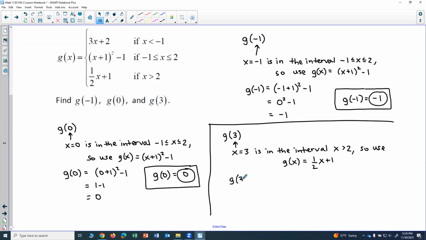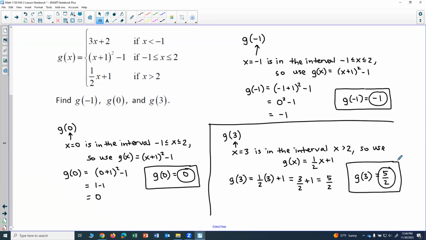So g of 3 is going to equal 1/2 times 3 plus 1, which is 3/2 plus 1, or a total of 5/2. So I would get g of 3 is equal to 5/2. And that would be my answer.